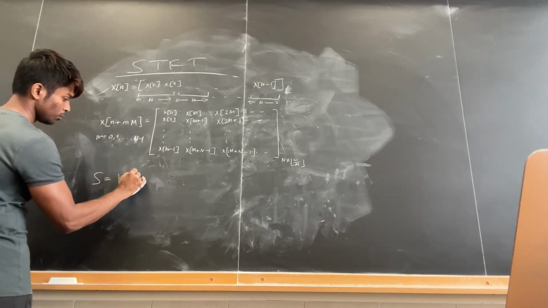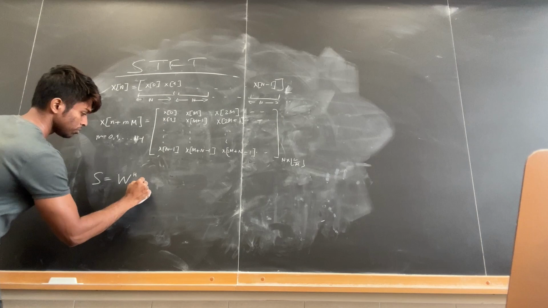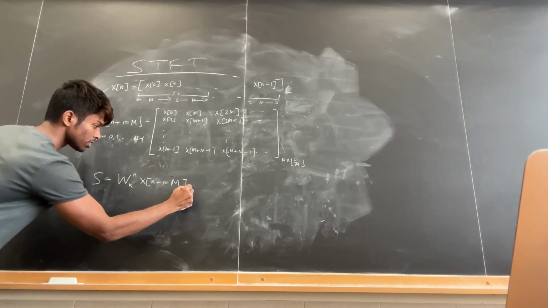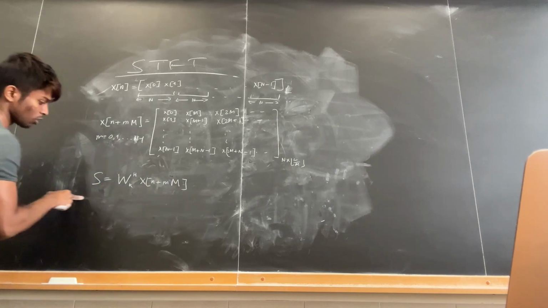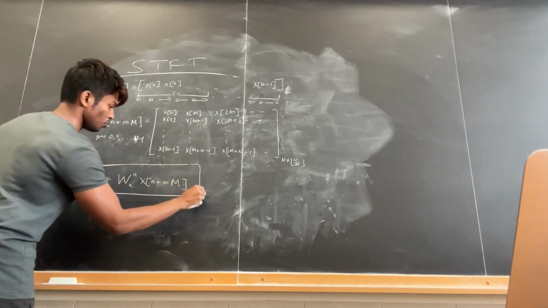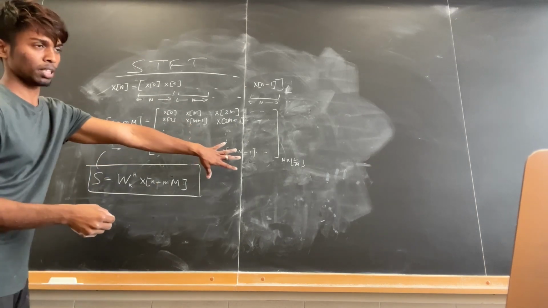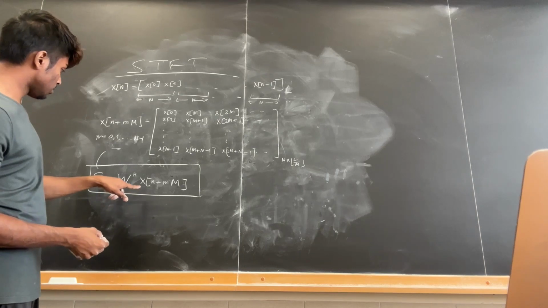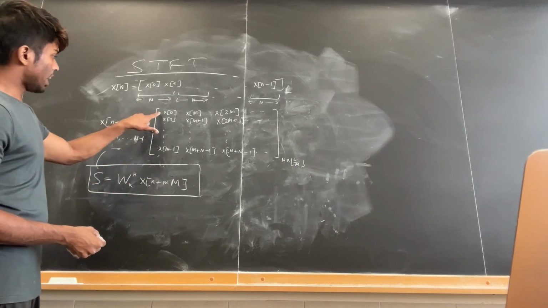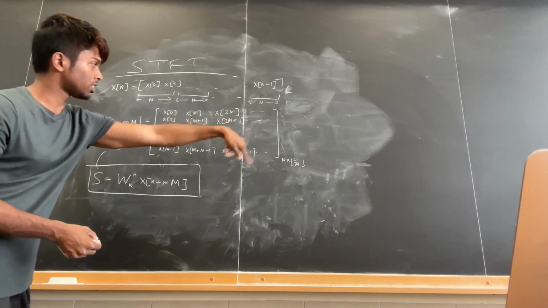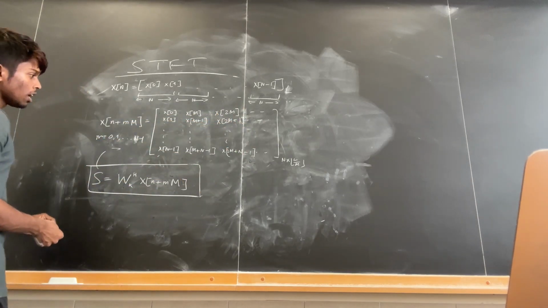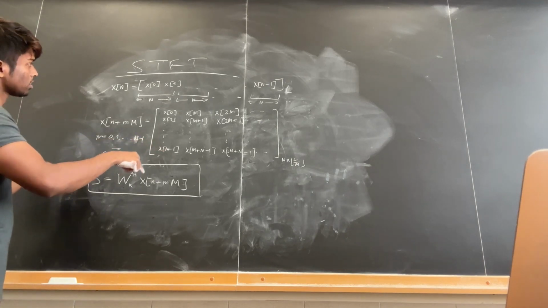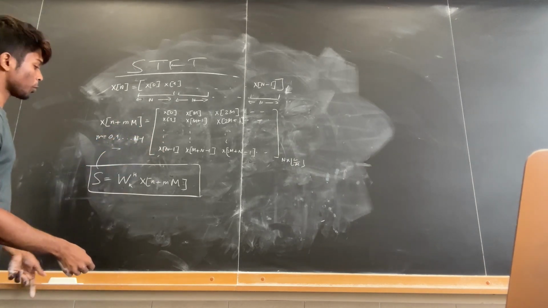So this is WK Hermitian times x[n plus mN], something like this, and if we do this matrix operation, so we have WK Hermitian times this particular matrix. So as a whole, the short time Fourier transform will have some Xk's like this representation only, and this short time Fourier transform's square modulus is basically the spectrogram.